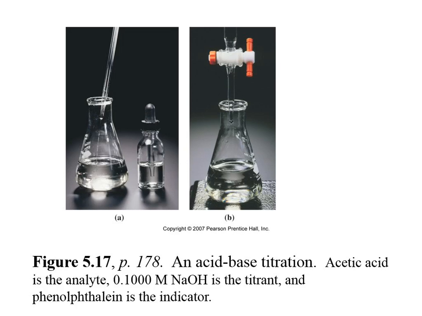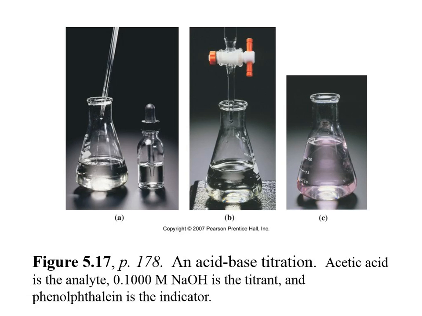So you can see the tip of the burette and the orange stopcock. There it looks like it's partly closed, it can't be totally parallel, and you see a drip of your titrant coming into your analyte. In the experiment you're going to be doing, I mentioned you're using phenolphthalein indicator.